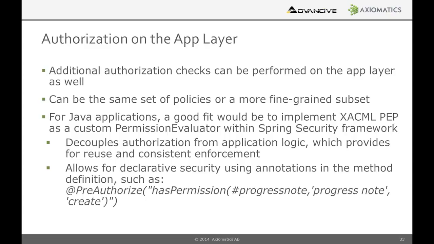Sometimes you actually need to go down to the method level, potentially because you have a business process that you're implementing within code. So a combination of both approaches is usually a very good approach, and you have to find the balance between which types of enforcement you want to have. And ultimately, if both the API layer and the business logic layer are not enough, you can still go down to the data layer.